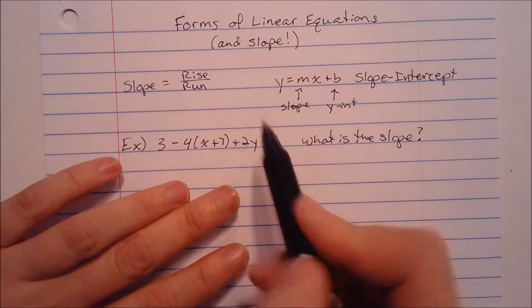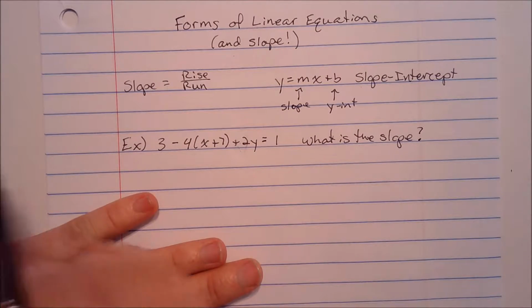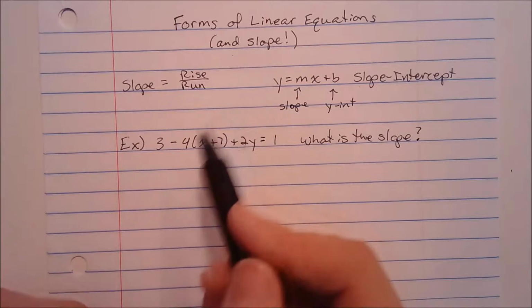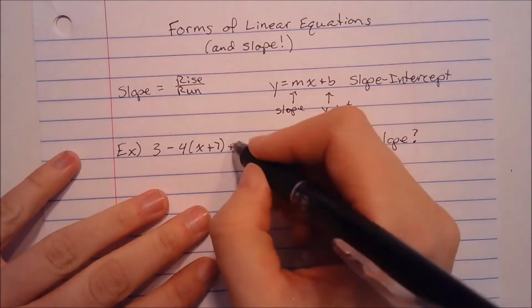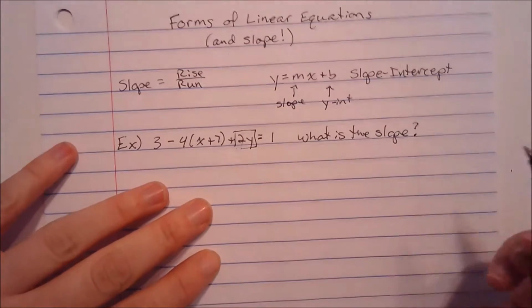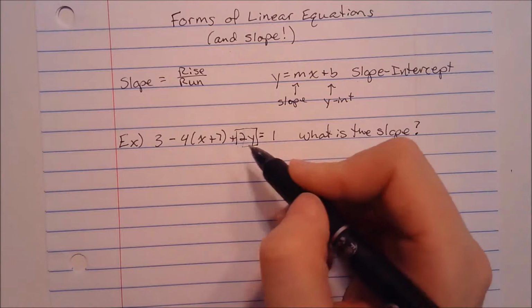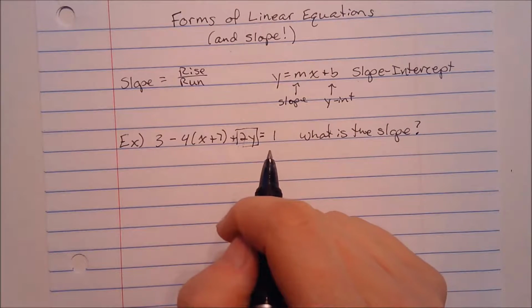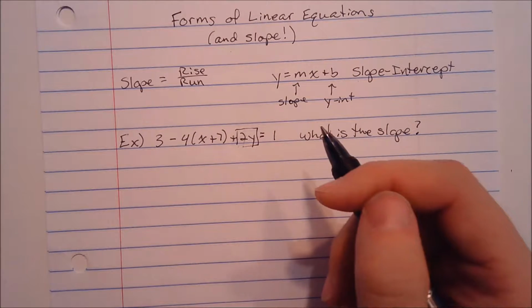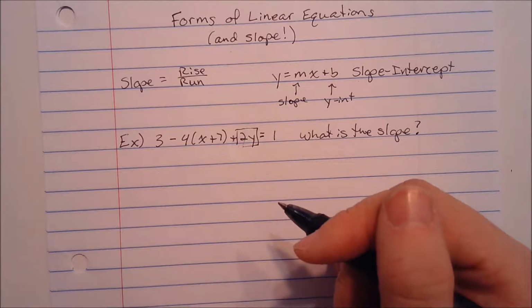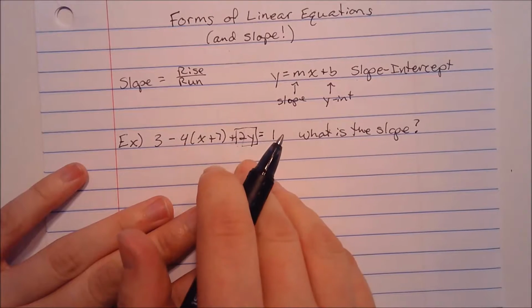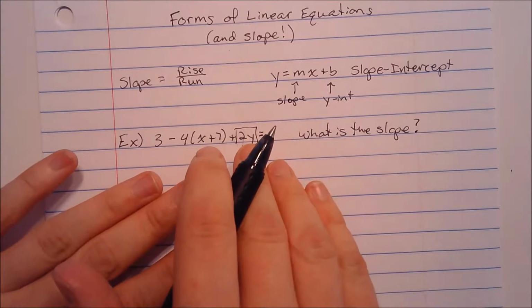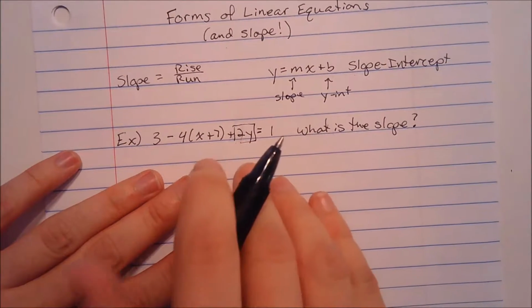You want the y all by itself, and then you want everything else to be simplified and combined as much as possible. In this case, I see that the y is almost by itself. It's got a 2 in front of it, which we'll get rid of later. But for the most part, we've almost got it by itself. So I'm going to just leave it alone for right now, and we're going to move it by itself in a minute.